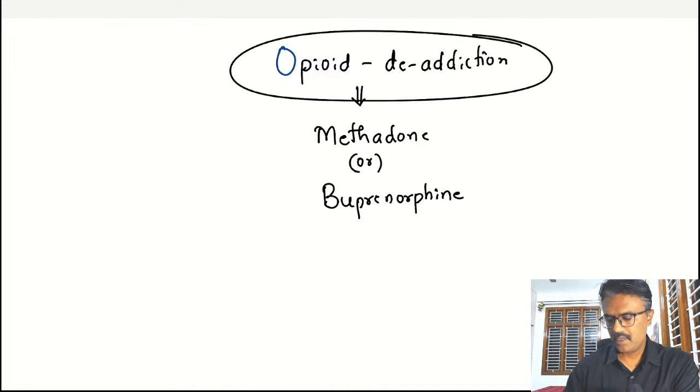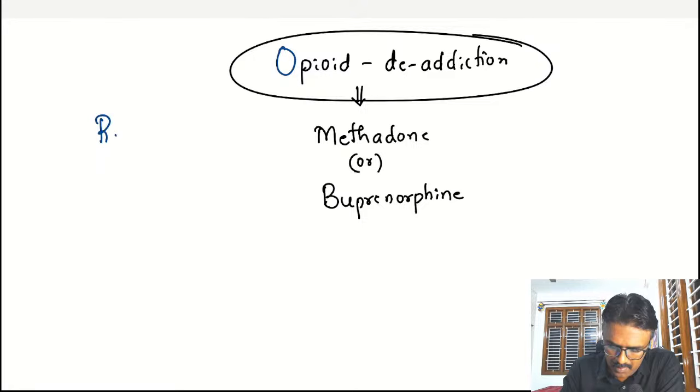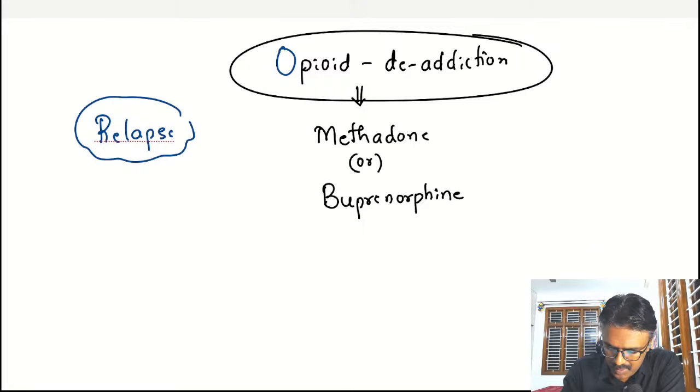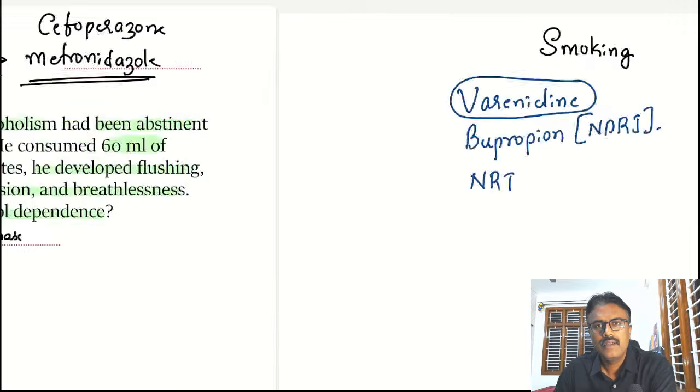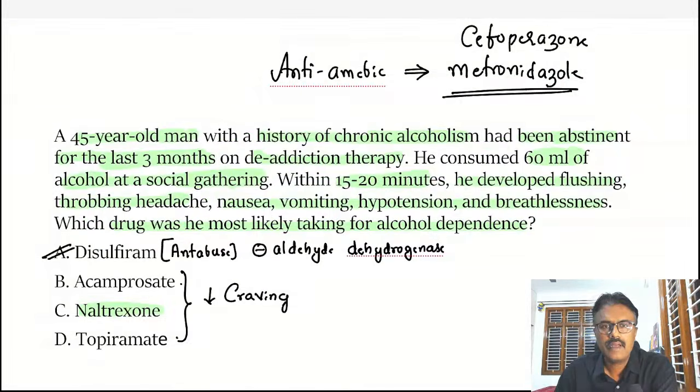These are for the de-addiction program. Sometimes these addicts may develop relapse of addiction, and to prevent relapse, we use a drug called naltrexone. Okay, so we covered 3 de-addiction programs: opioid, smoking, and alcohol.